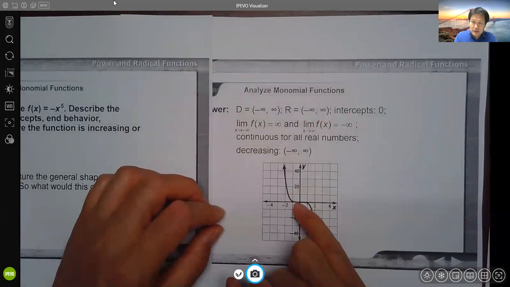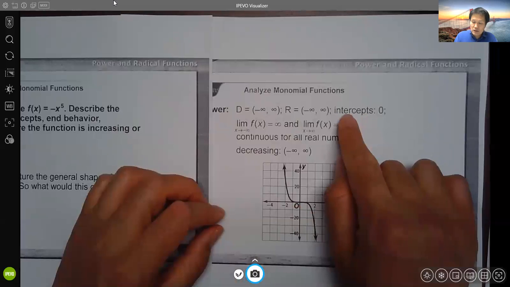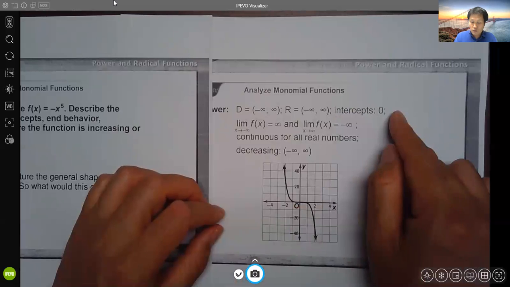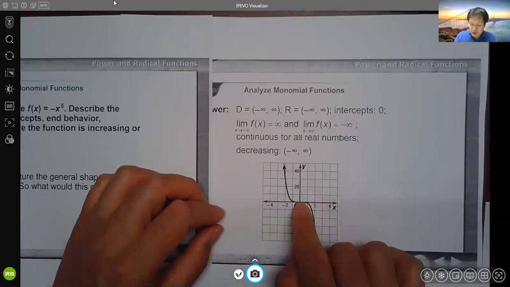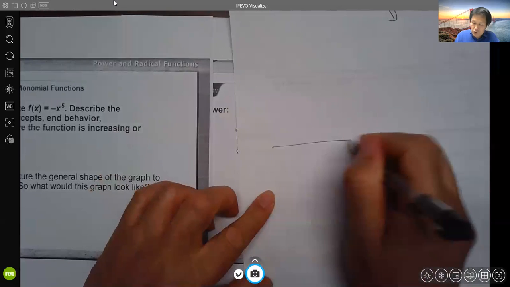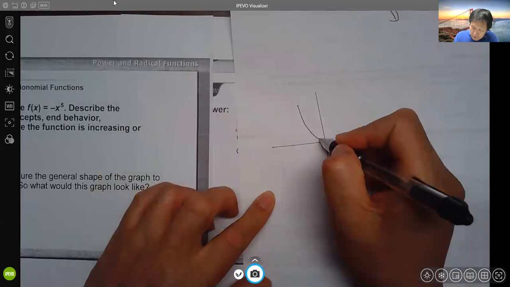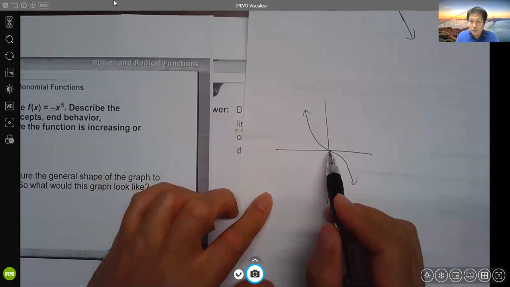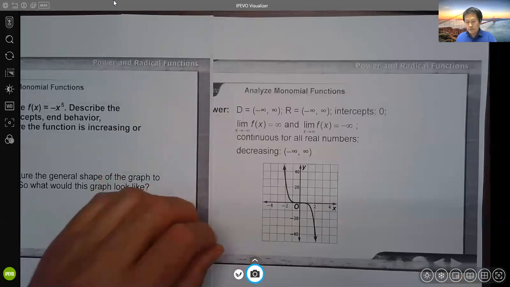Intercept: it passes right here. X-intercept, 0. Y-intercept, also 0. Both of them are passing right here. If you magnify that portion, it looks like it passes like this.